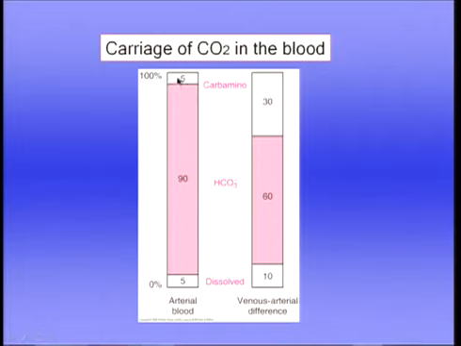You can see in arterial blood here that about 5% of the carbon dioxide being carried is in the dissolved form, and that if you look at the difference between the mixed venous blood and the arterial blood, in other words, when the CO2 has been evolved into the alveolar gas, about 10% of the amount of CO2 is dissolved CO2, which has been evolved. So dissolved carbon dioxide is quite important, much more important than dissolved oxygen.